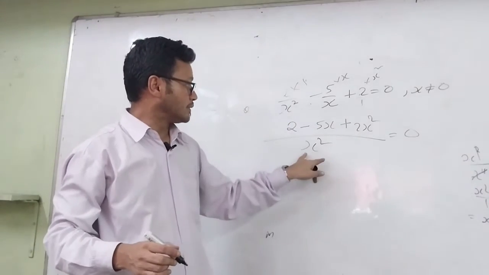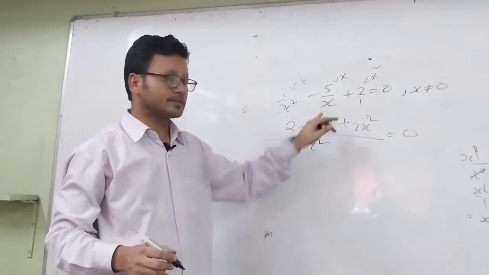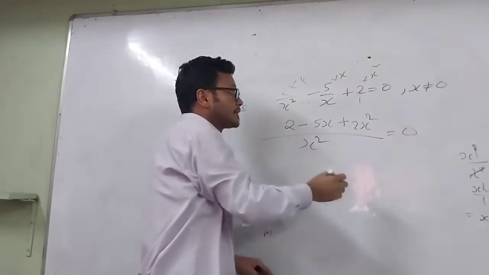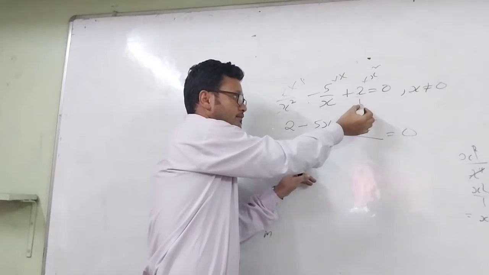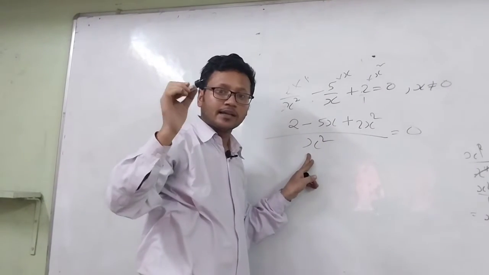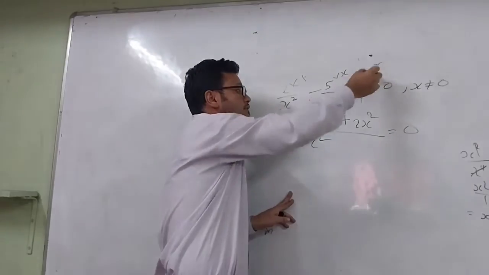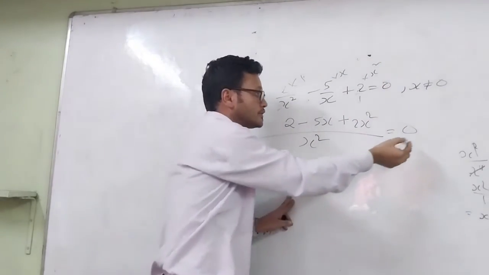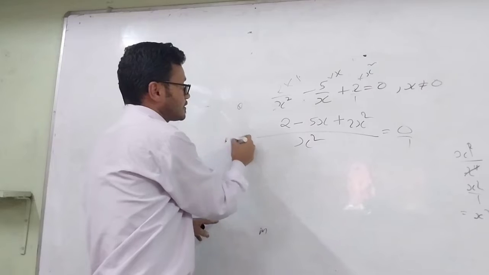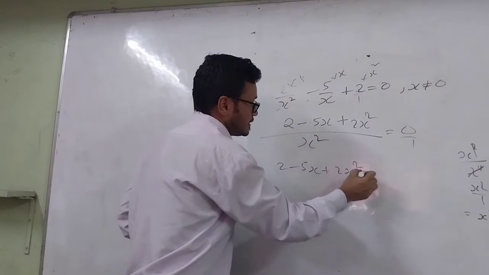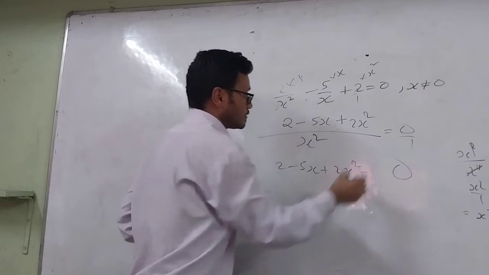Minus, divide x square by x, x only, goes here, 5 into x, 5x. Then divide x square by 1, x square. Then 2 into x square, 2x square equals 0 by 1. Then cross multiply: 2 minus 5x plus 2x square, and x square into 0 is 0 only.